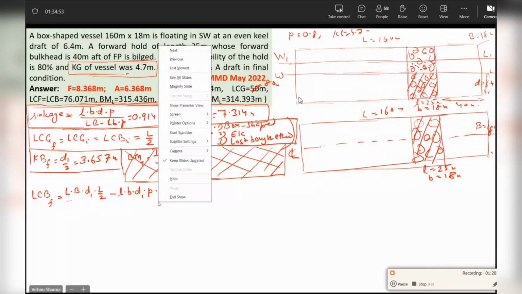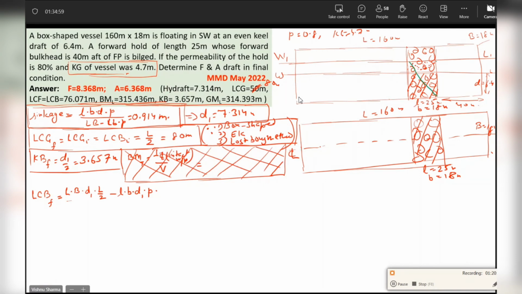Mark the lever for the lost space as X. Mark this distance as X. X will be equal to 160 minus 40 minus 12.5.